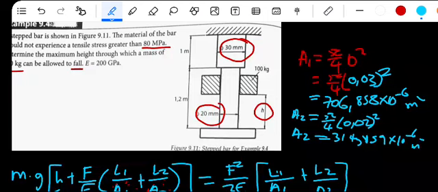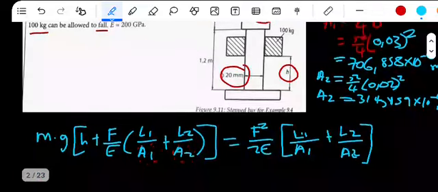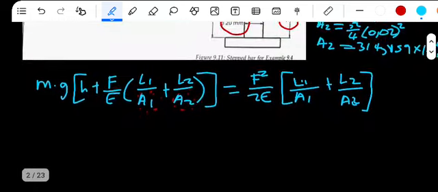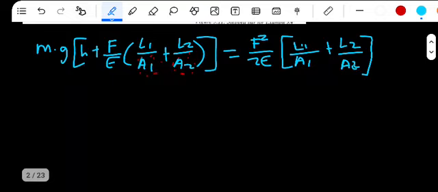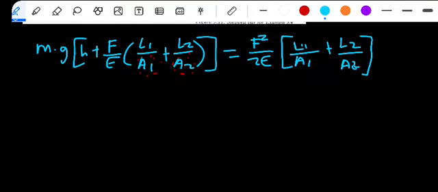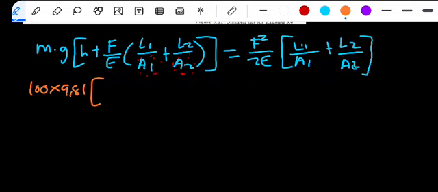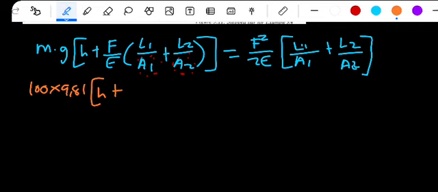So we have now the mass we are given, which is 100. We have seen that right here, the mass is 100. Young's modulus is 200. So we can substitute the mass there. The mass is 100 times gravity, 9.81, times the height, which is the one we're looking for. The force, are we given it?